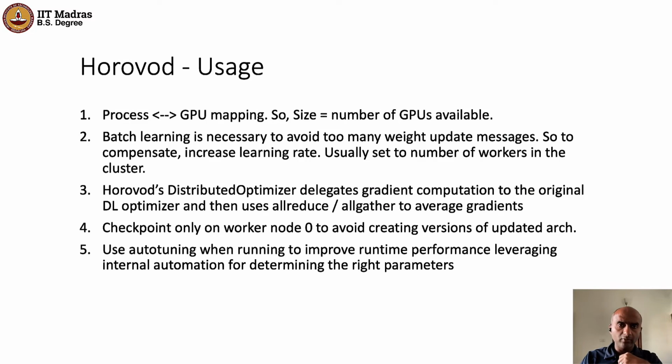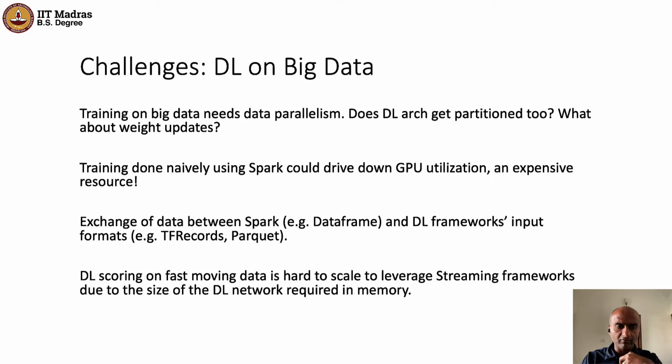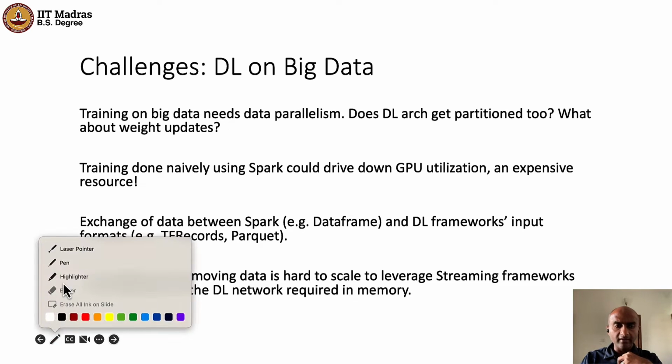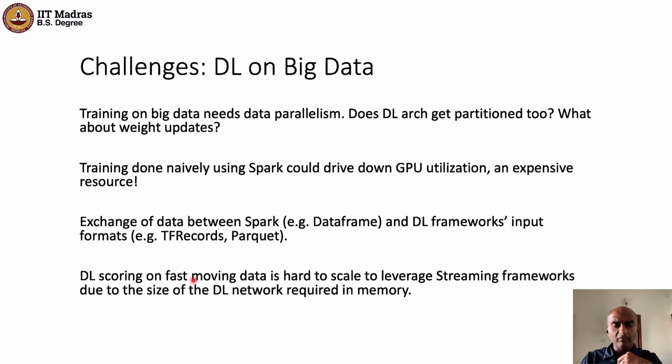For those who need a refresher, let's take a look at what the fourth challenge was. That's related to the problem of how you take deep learning models, which are typically very large in size, and run them in a streaming sense on fast moving data, without the streaming framework requiring a fresh invocation to load the deep learning model all over again.